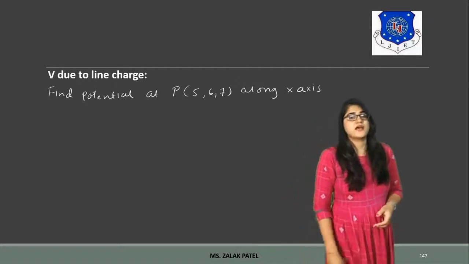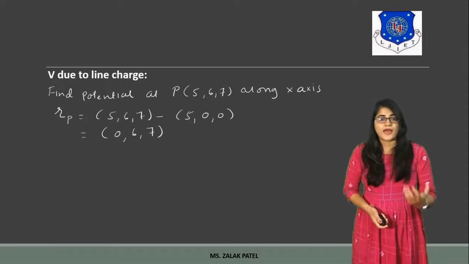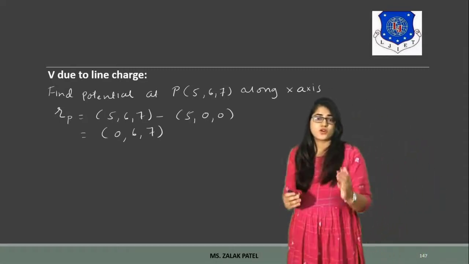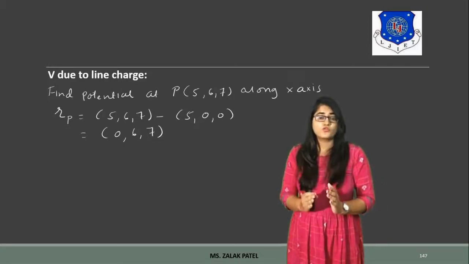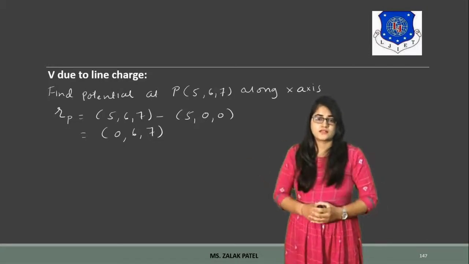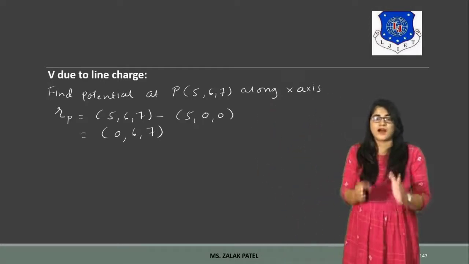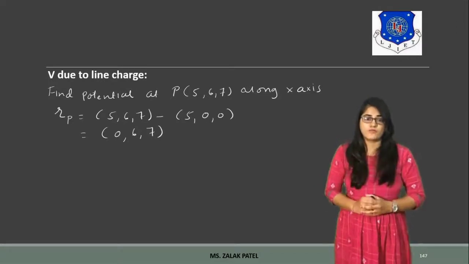For the second case, the line charge distribution is taken along the x-axis. Now, as I said earlier, whenever the x-axis or y-axis is taken, you have to make the other two coordinates zero. If the line is along the x-axis, you make y and z zero, and you keep that particular coordinate the same as in the desired point.